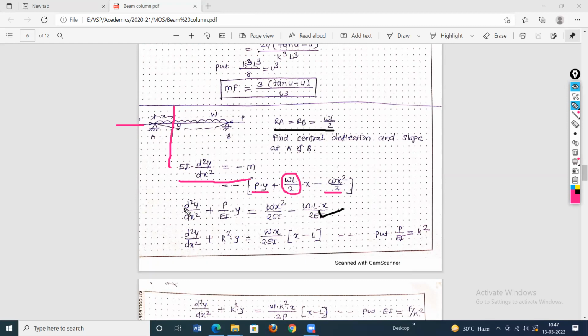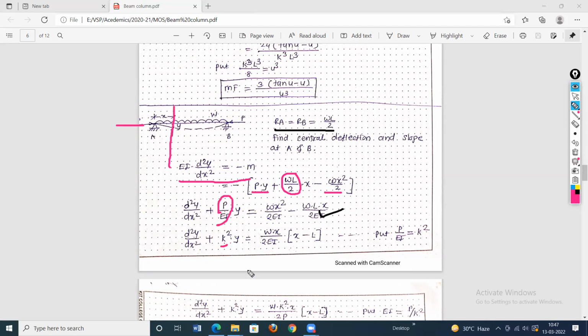Then rearrange the terms. Take some terms on the left side and divide the complete equation by EI. The equation takes the form d2y by dx square plus P divided by EI into y. On the right-hand side, the load term is there. Take the load term on the right side. Then replace P by EI as k square.